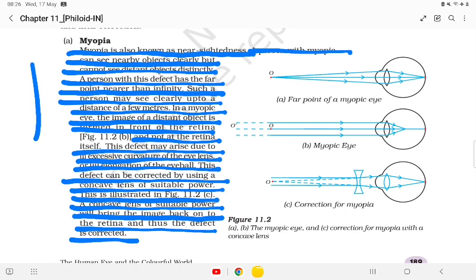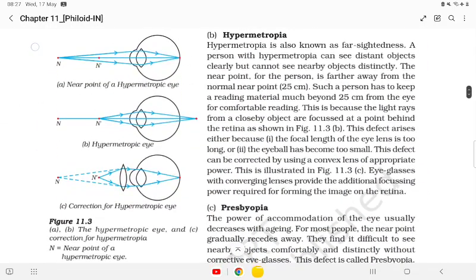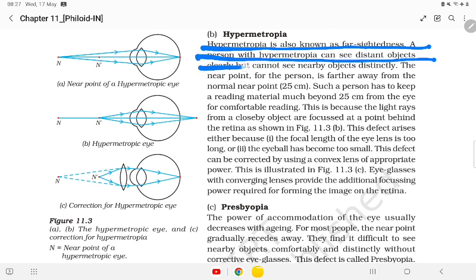Now, hypermetropia. Hypermetropia is also known as farsightedness. A person with hypermetropia can see distant objects clearly but cannot see nearby objects distinctly.